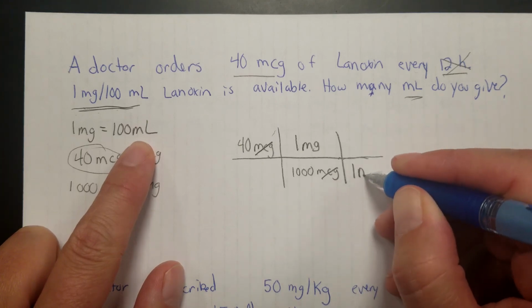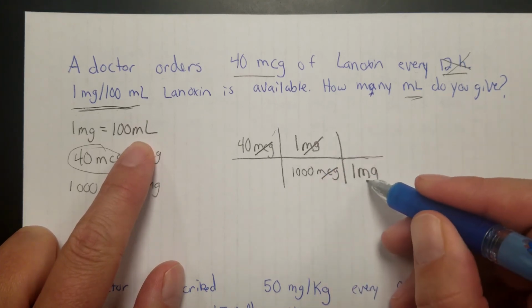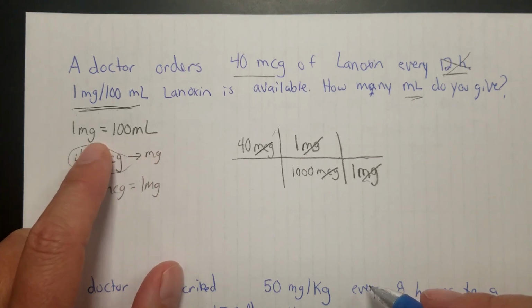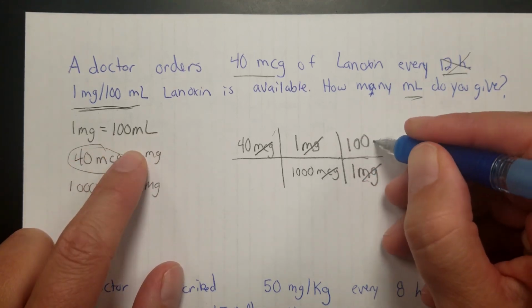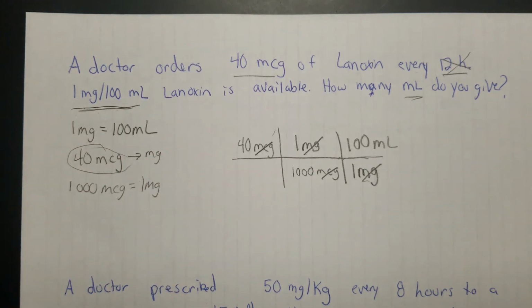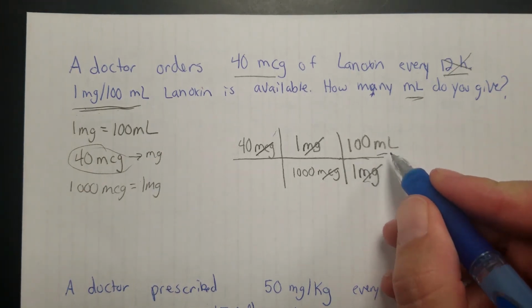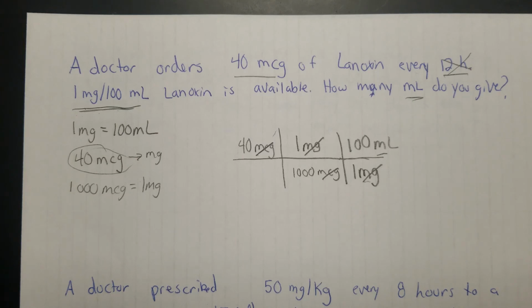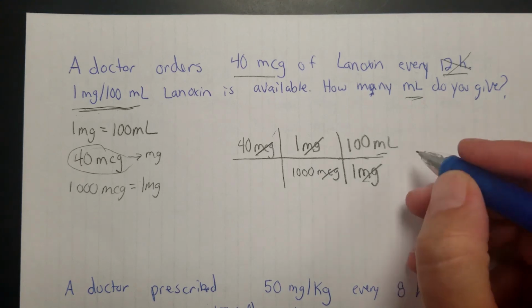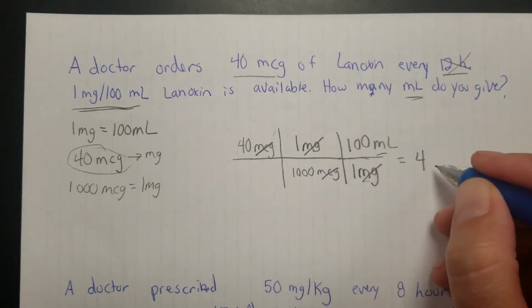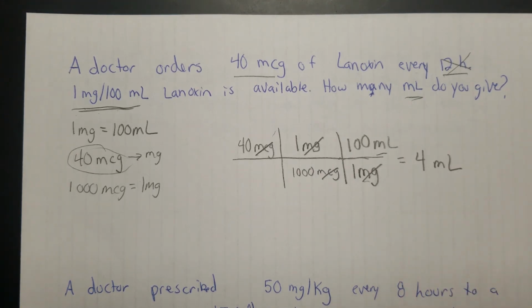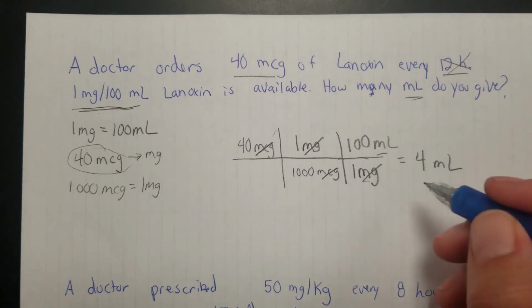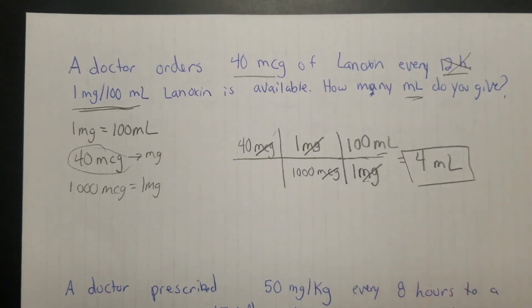I can do that by putting the 1 milligram portion on the bottom, opposite sides of the horizontal line, which cancels out the milligrams, and then I'm going to put the 100 milliliters on top. So notice I've canceled out all my units except for milliliters. Once I calculate this out, my answer will be in milliliters, and I'll know how many milliliters to give the patient. When I calculate that out, I get 4 milliliters. So that would be your answer for that one.